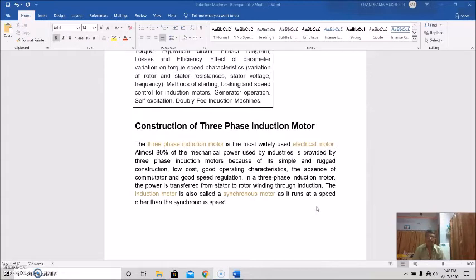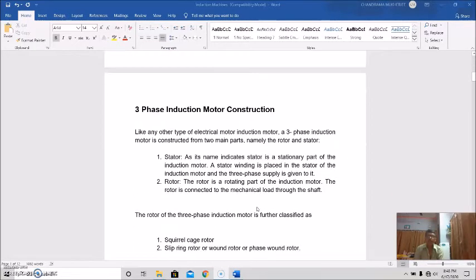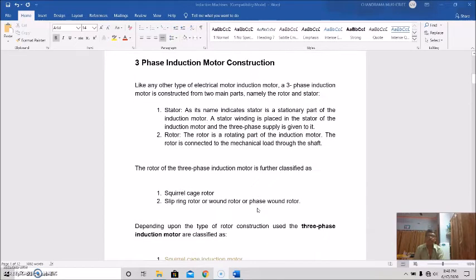Its speed is below the synchronous speed when run as a motor, and if it is run as a generator, its speed will be above the synchronous speed. With this introduction, we'll go to the construction of the three-phase induction motor.